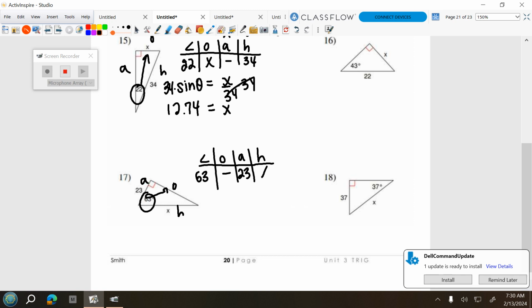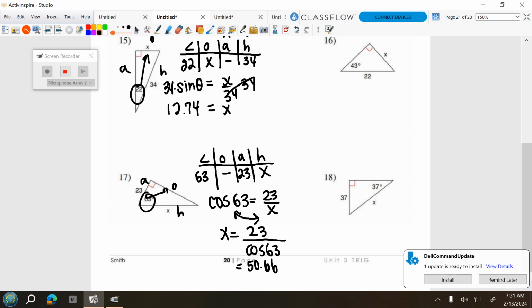So we got cosine of 63 equals 23 over x. We're going to switch because we're dividing by x. And x equals 23 over cosine of 63. We get 50.66.